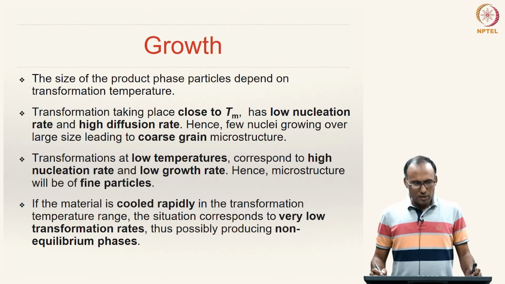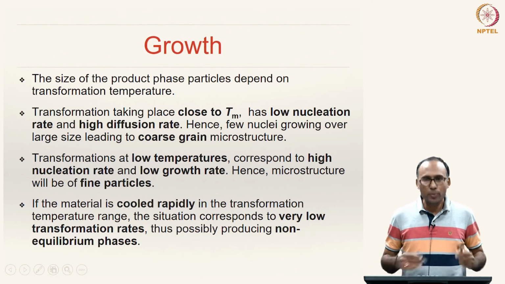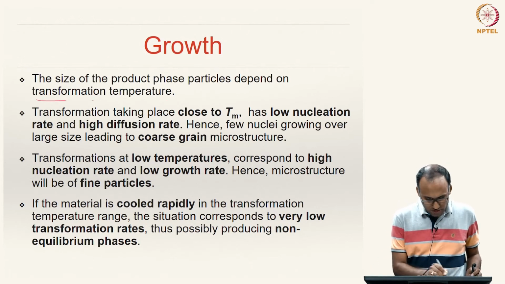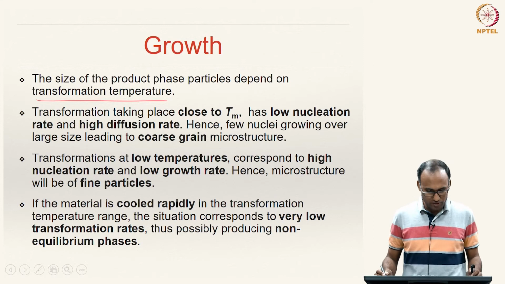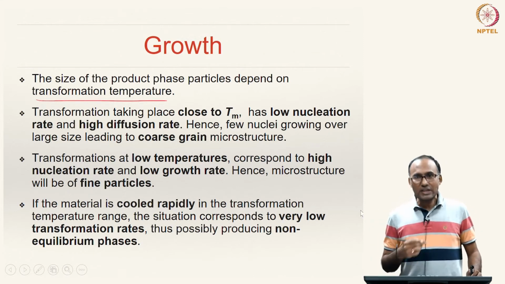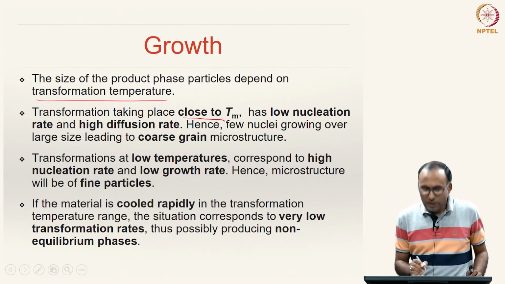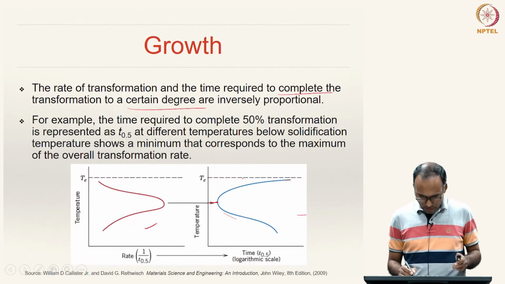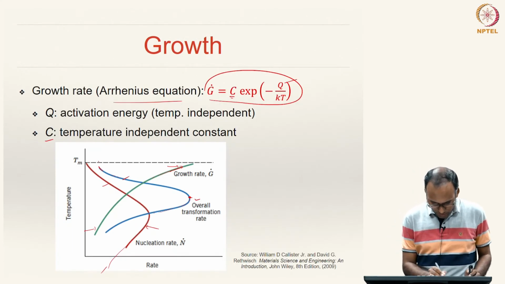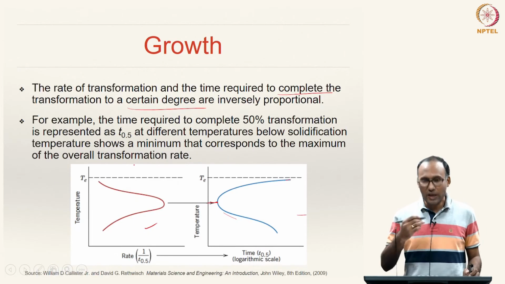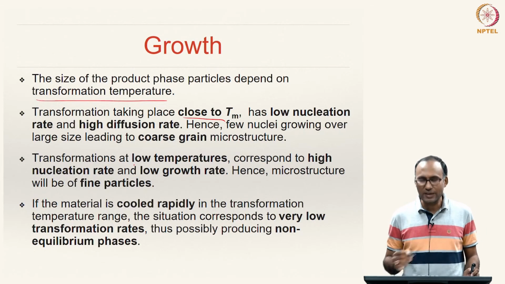All right. Now, the size of the product phase particles depends on the transformation temperature. At which temperature are we doing the transformation? If the transformation is taking place close to Tm, somewhere here, then it is happening at higher temperature.